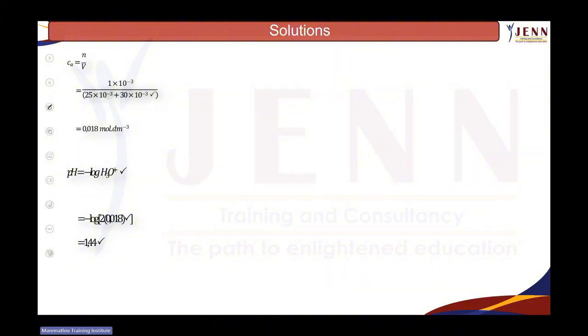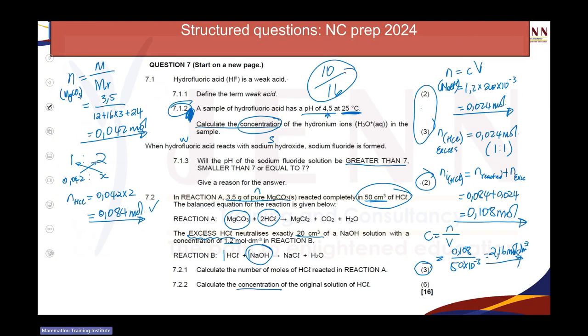Okay, so what we are given is that pH is equal to 4.5. I'm right? Yes. Okay, so we want the concentration of hydronium ions. What we must note, and we are running out of time, is that the temperature is 25.